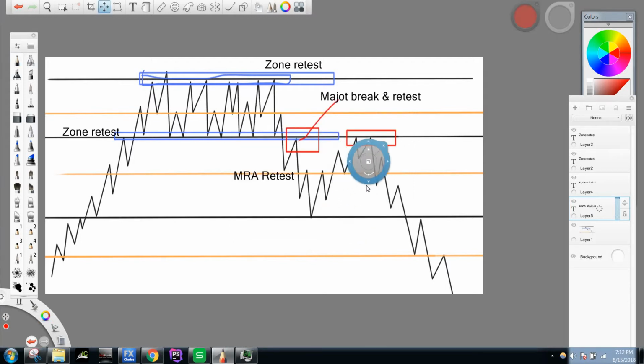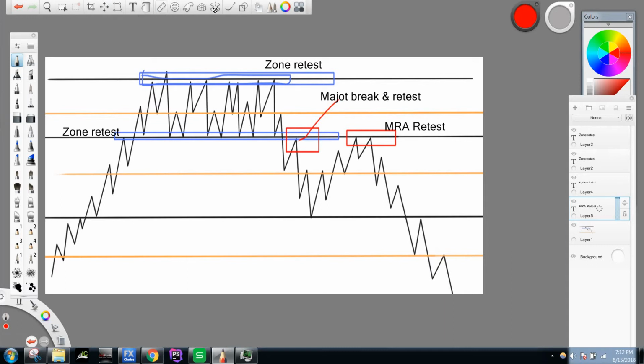These are the trades where the market is retesting the break of a recent consolidation. MRA retest. This is the market retesting previous consolidation, but after bouncing off a 4-hour level or a major level, right? So there is this trade also.